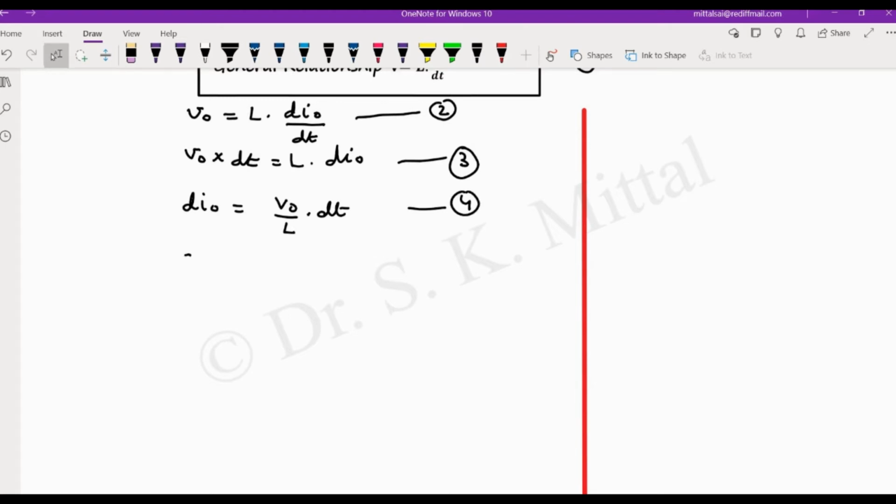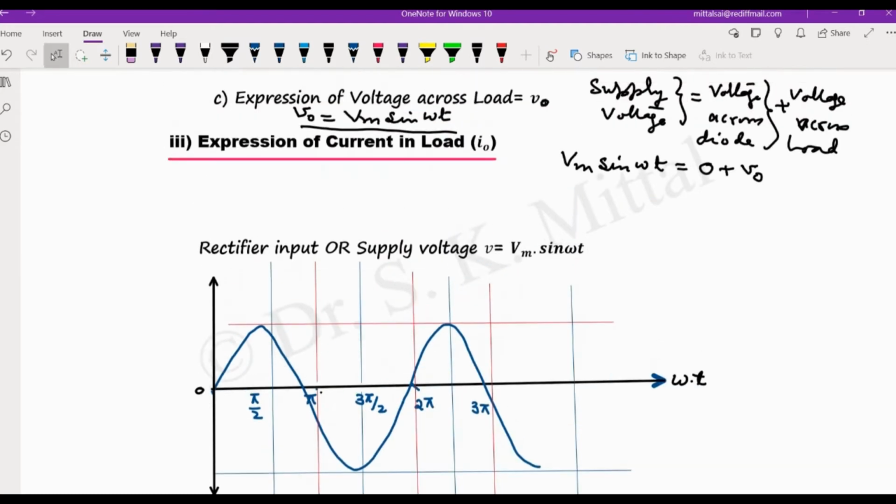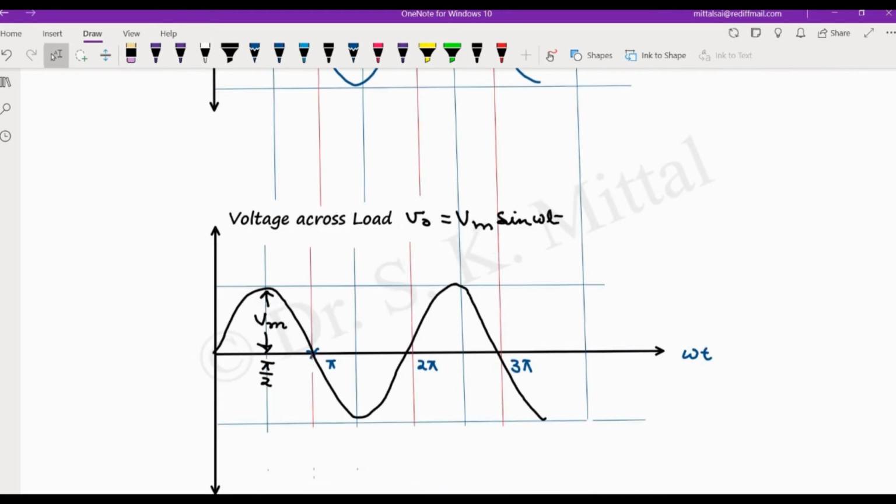Now, see the expression for output voltage we have obtained: V0 is equal to Vm sin omega t.